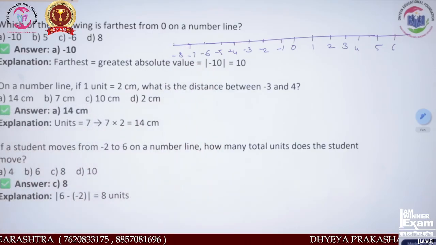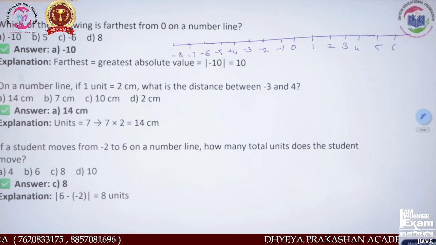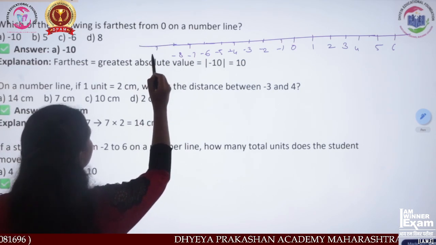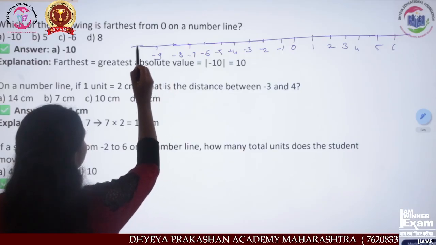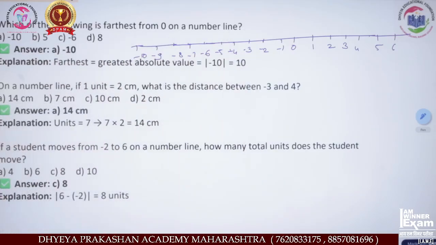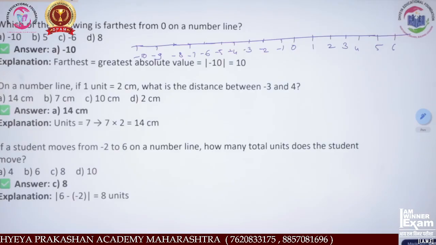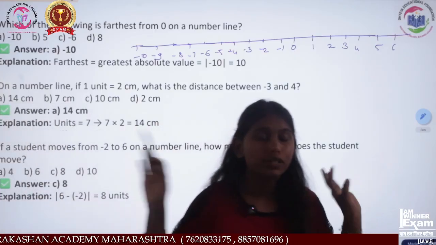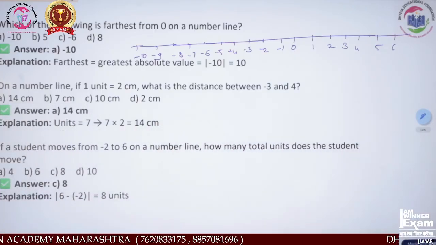So this is your number line. Now we have to see which number is farthest from 0, meaning far from the 0.